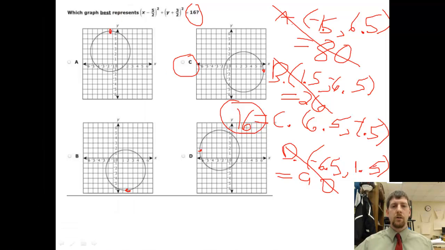Now notice how B and C were both the closest to getting 16. Well, B and C were also the pictures closest to the answer. D and A were further away from the actual correct graph, and their values once we plugged in were further away. So that just shows you that these numbers don't have to be exact, the points that I pick.